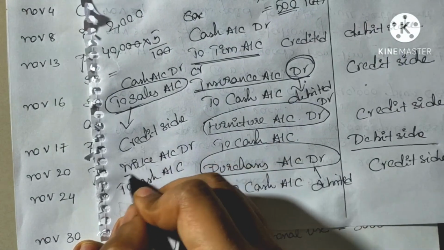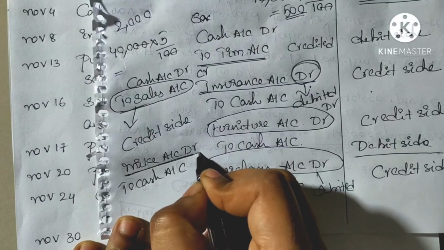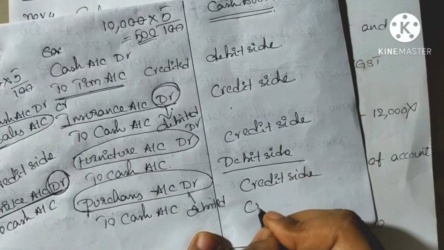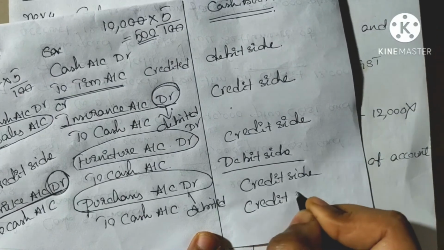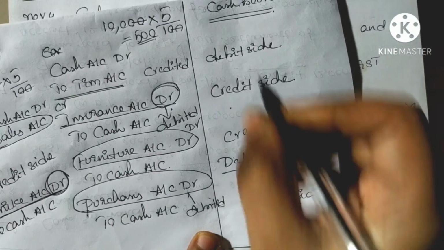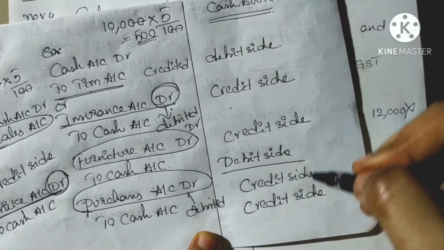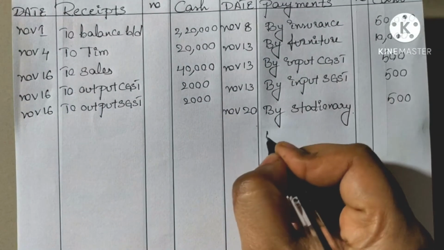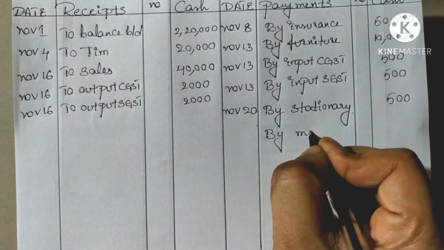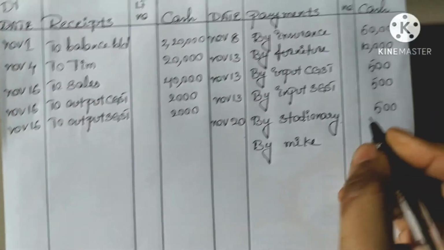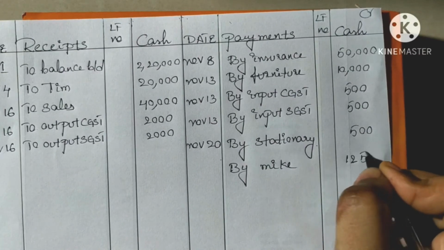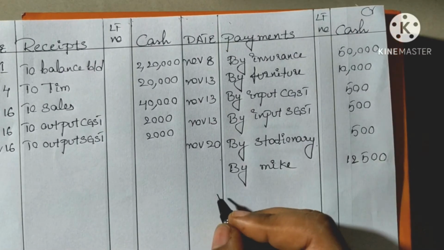Here Mike is debited. So we have to mention it on the credit side in the cash book by mentioning "By Mike." And the value is 12,500 in the cash column. And the date is November 24th.